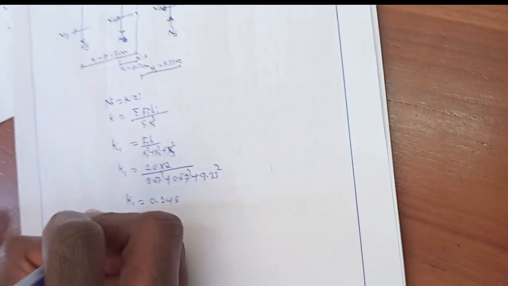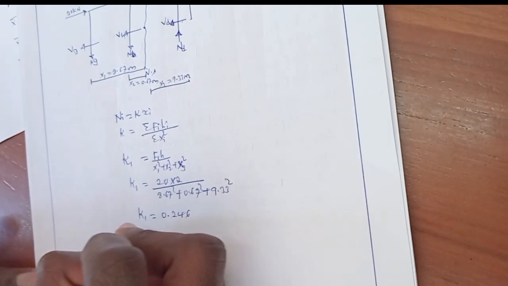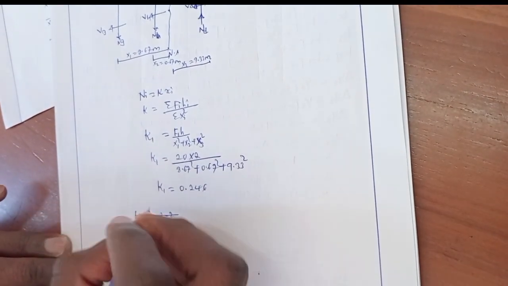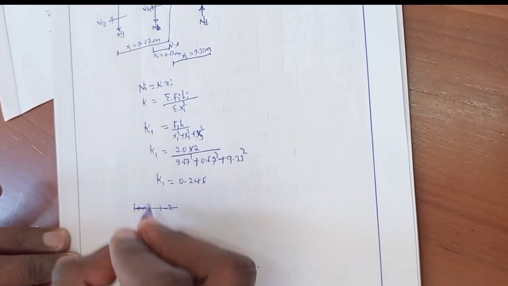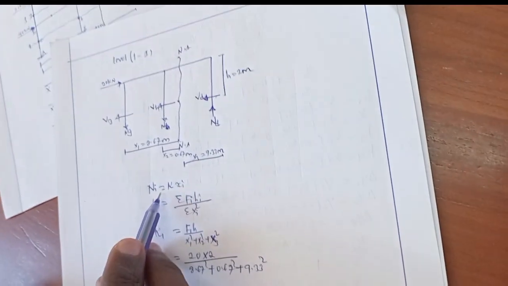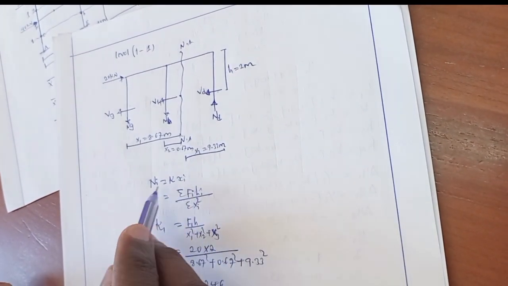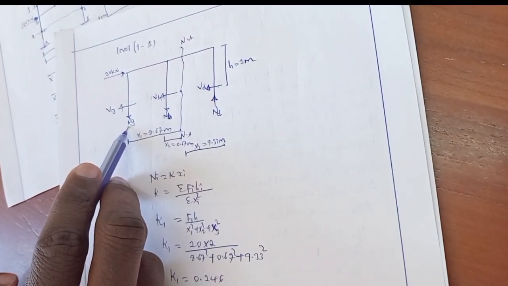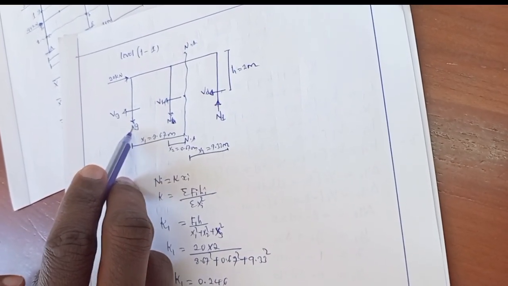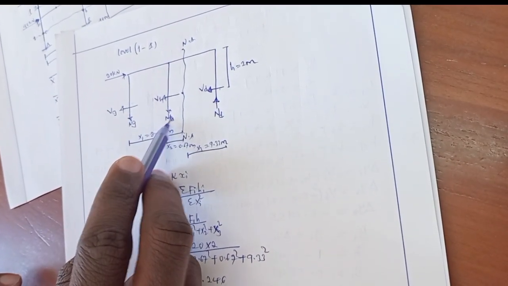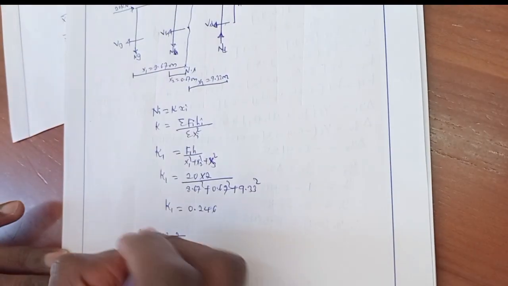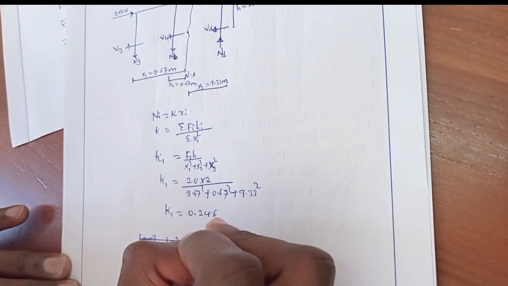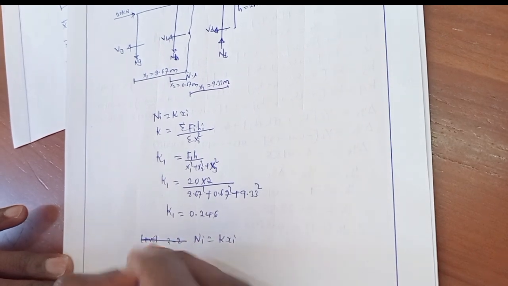For level 2, now after getting the value of k, we come to this equation to get the normal force for this column member and this column member. According to this formula, Ni is equal to K xi.